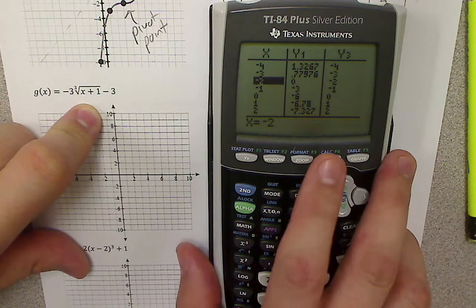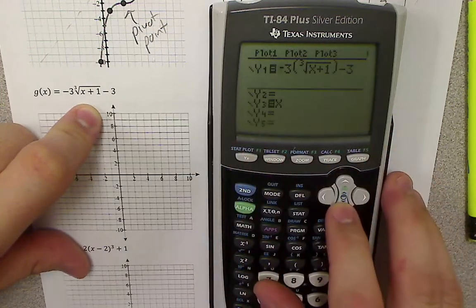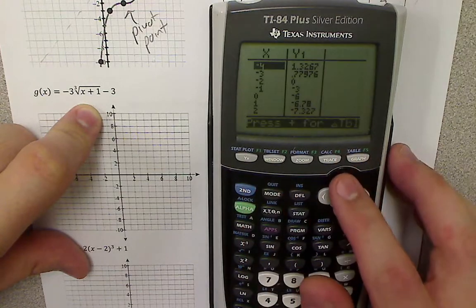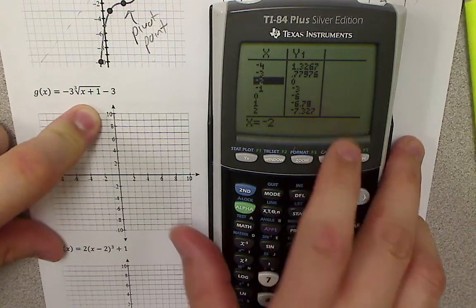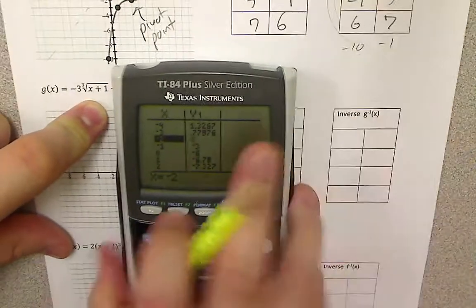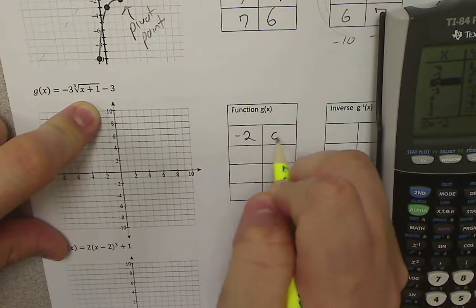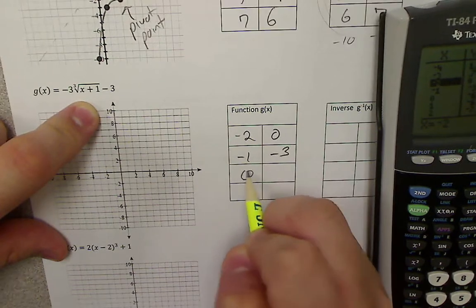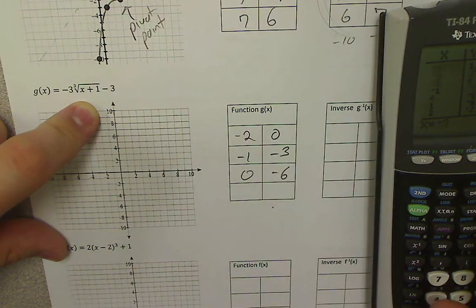Let me get rid of this one right here, this one's throwing me off. Looks like we got -2, 0. And again, I'm just going to write these down. -2, 0. -1, -3. 0, -6. And then let's just pick one more somewhere. 7, -9.